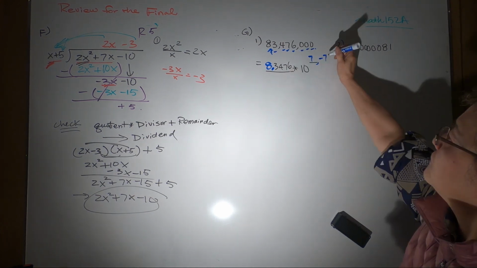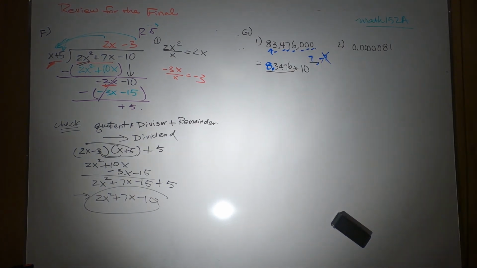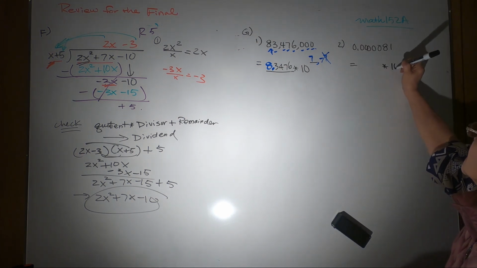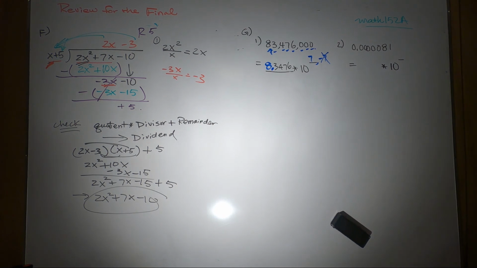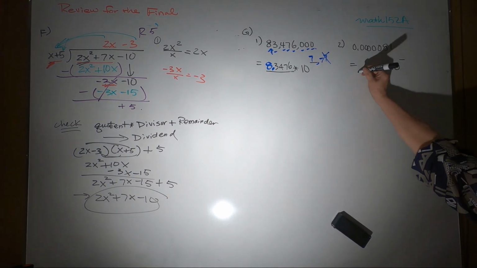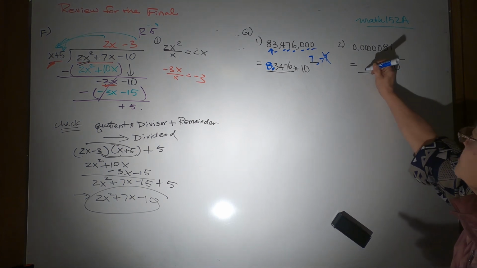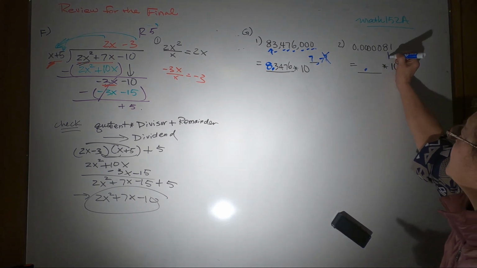You need to have the positive exponent, right? So you need to have positive 7 there. Then for this one, you times 10 to the power, right? And for this number, you need one digit before the decimal. That will be here, right?